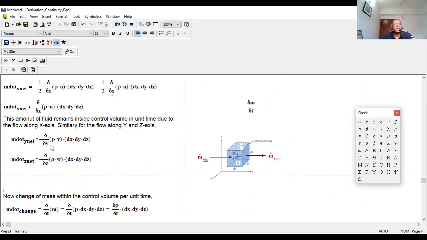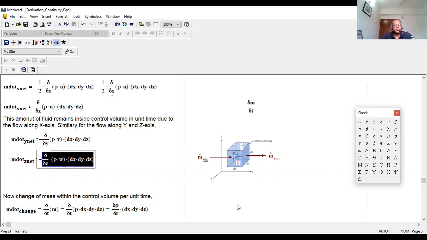So m dot y net will give you, if you follow the same procedure, instead of u you're getting v. So this is my m dot net for the velocity component v. Similarly, you can figure out m dot z net. That means along this direction, this will be this term.